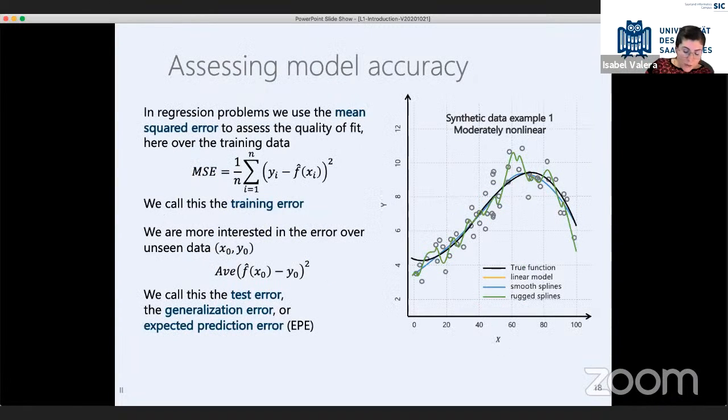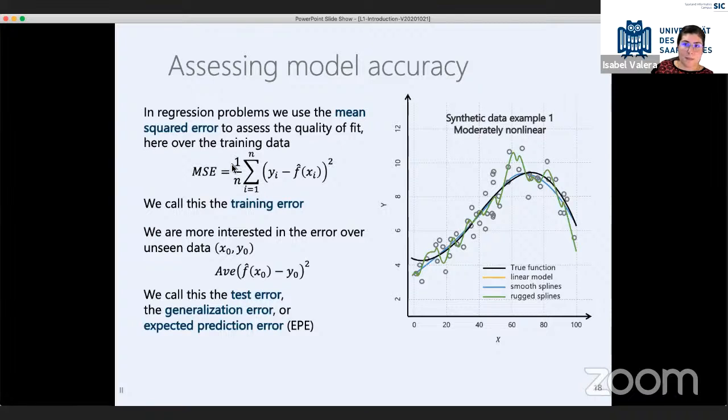So the question that we haven't addressed, of course, is that I said you can go parametric, or you can decide to go non-parametric, and depending on your data, you might need to decide. And the question is, how do we decide, right? The first thing in terms of how we decide is the model accuracy. And here, for now, we are only going to measure the model accuracy on the training data. So we are going to measure the mean squared error.